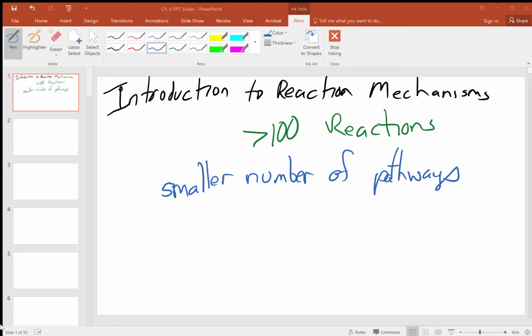And that ends up making our lives a lot easier. So what it'll start getting us into, and we'll explain what this means in a few minutes, is what we call reaction mechanisms. And when it comes to reaction mechanisms, there's a much smaller number of choices.